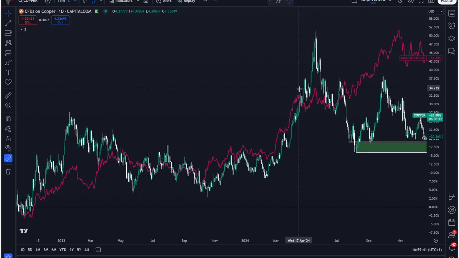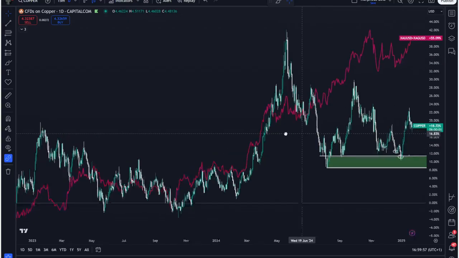When there is, for example, a movement that is not supported by the benchmark, the other asset is recovering really fast. This is considered co-integration of the asset. It's a statistical number.